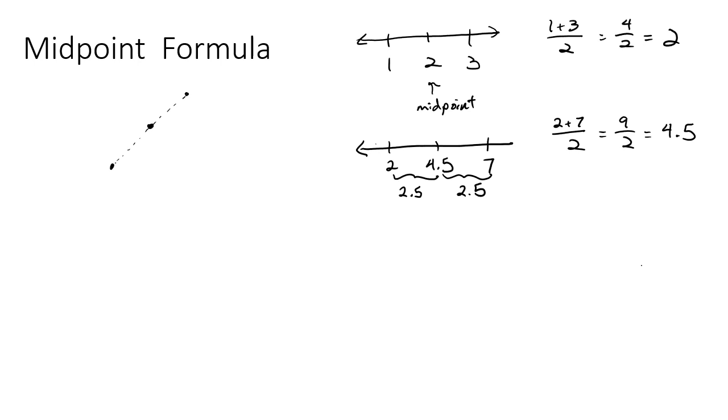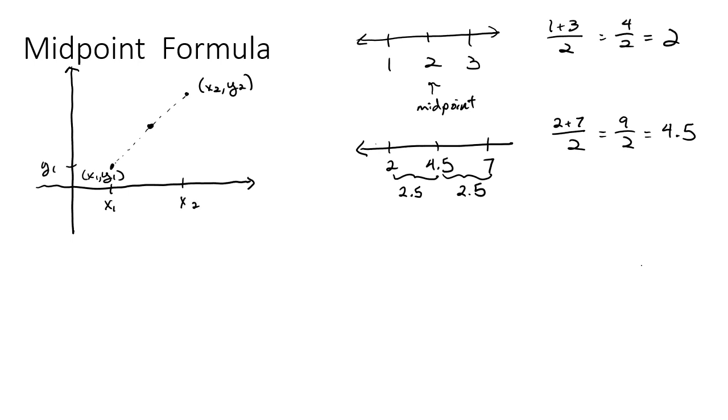And so now we're just going to generalize that into 2 dimensions instead of 1. So if you've got an ordered pair, x1, y1, and x2, y2, if you want to find the point halfway in between them, well, its x value is just halfway in between the x's, and its y value is just halfway in between the y's.